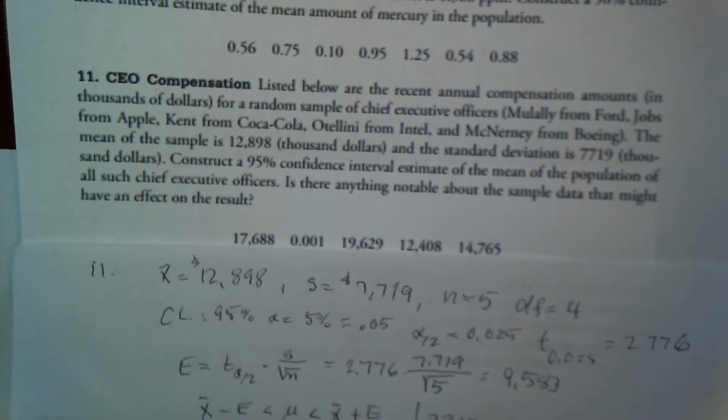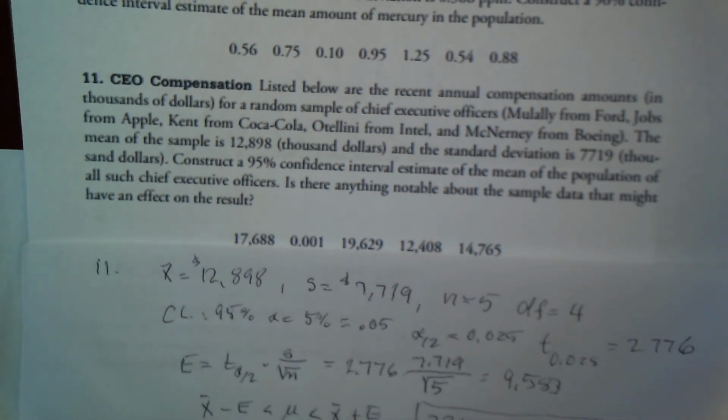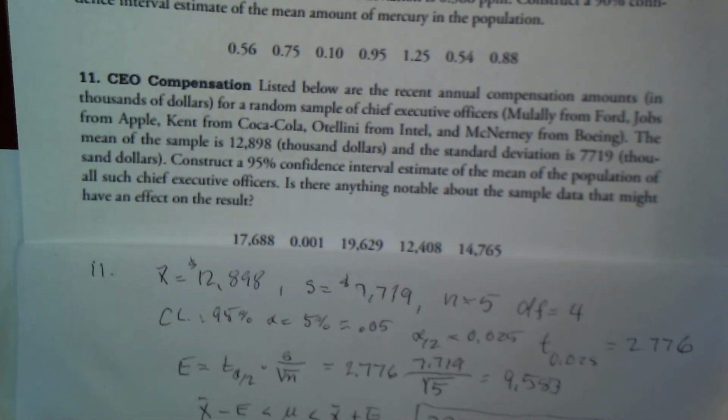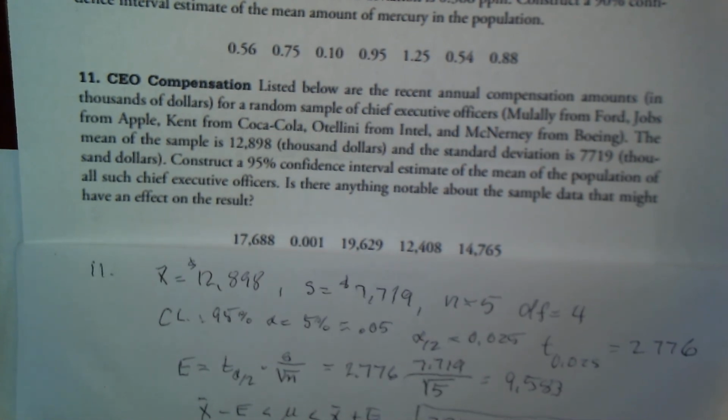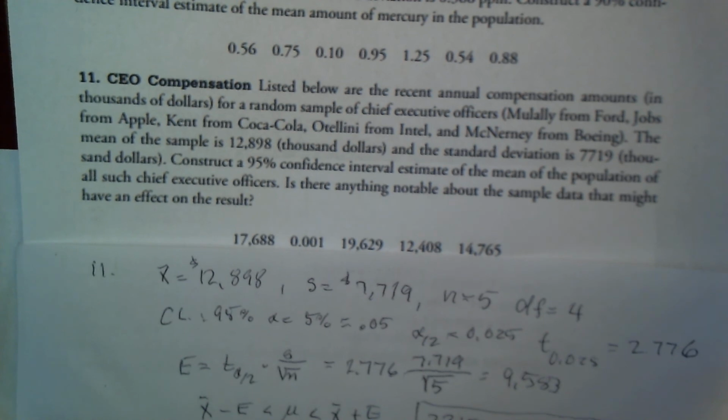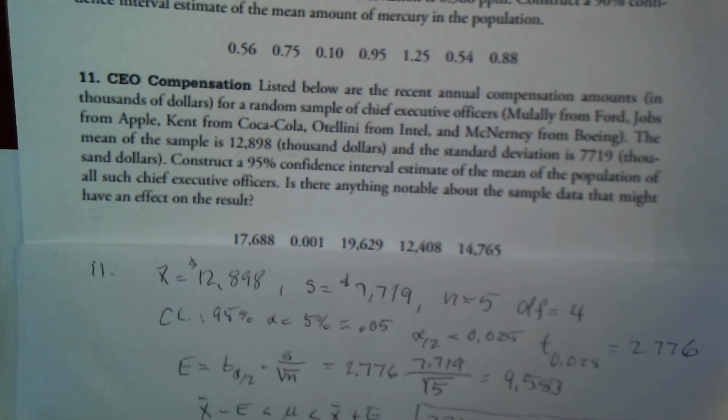So that's our confidence interval. And when I use technology just to check the answers, it came out slightly different: 3,314 less than the population mean, less than 22,483.